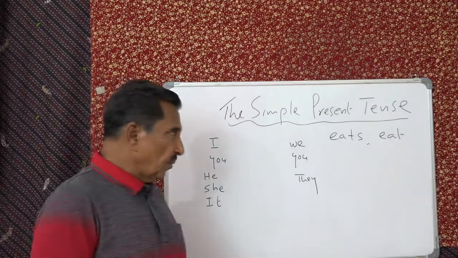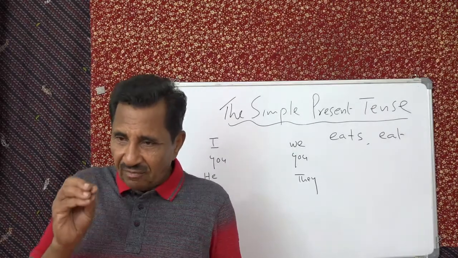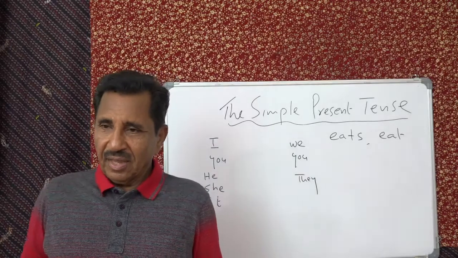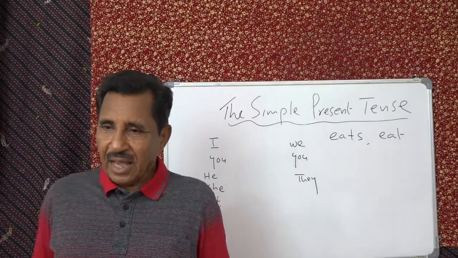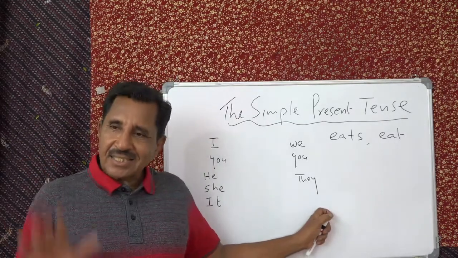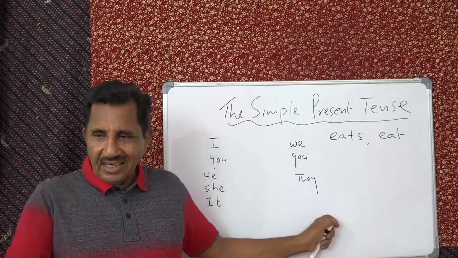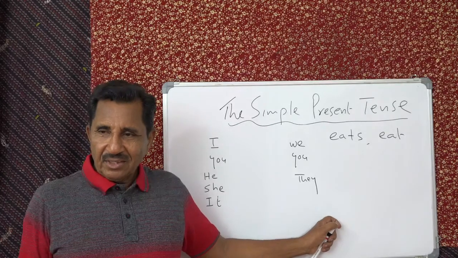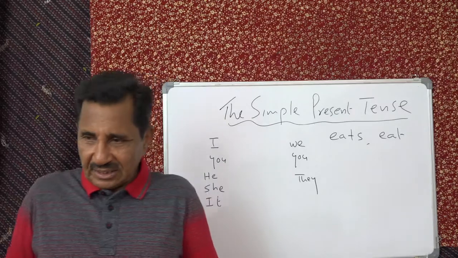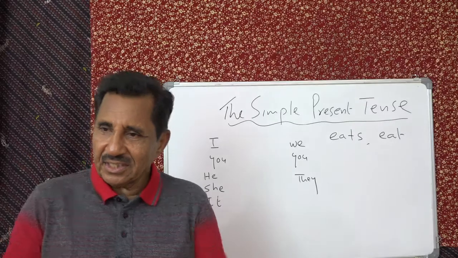Understand? So now, any tense, any verb has its tense forms, and these tense forms are distributed among these 8 subjects. Subject means the starting word of the sentence. So these verb forms of the tense have to be distributed.